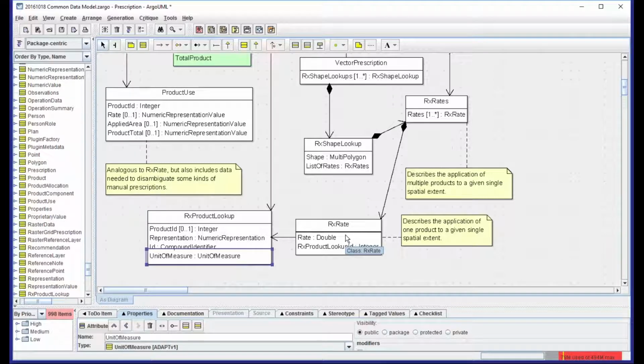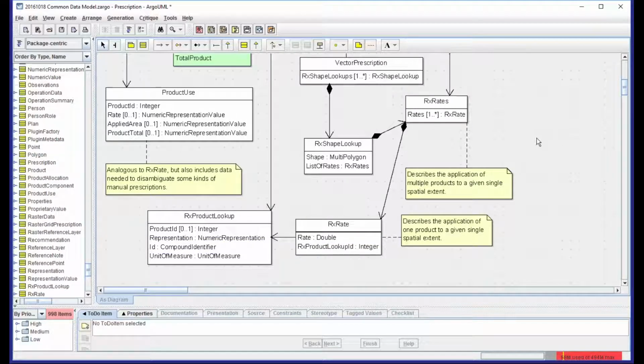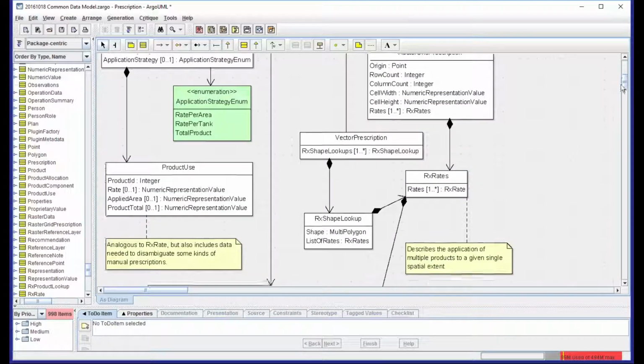So in order to specify a rate, we don't have to carry all this representation and unit of measure stuff around with us. Instead, we just reference the product lookup ID as a key. That's the reference identifier inside this compound identifier structure we've discussed in previous webinars, along with a floating point value of a rate. So that's what an RX rate is.